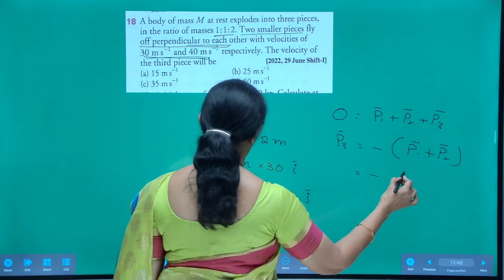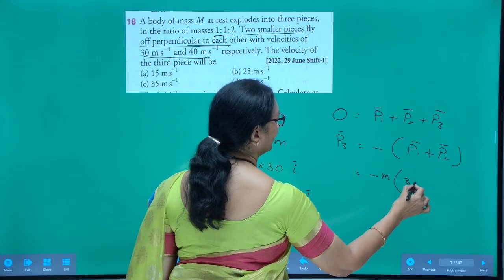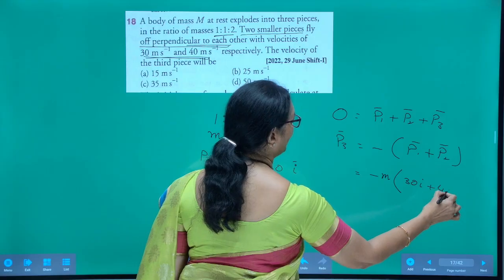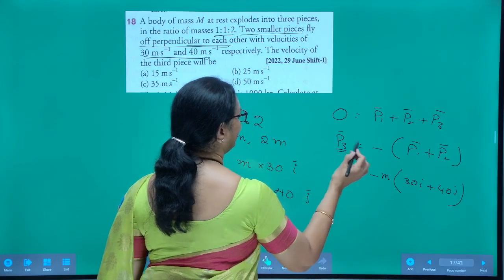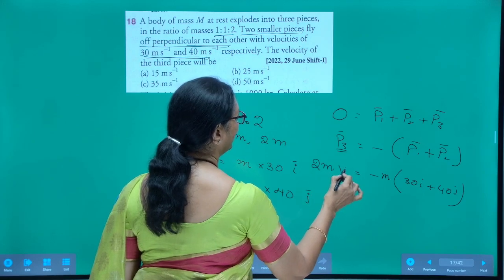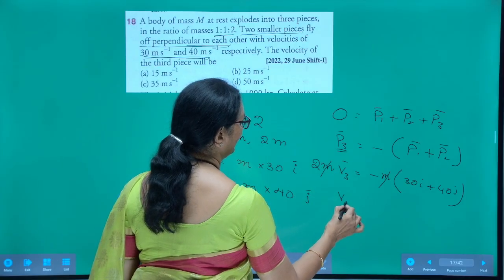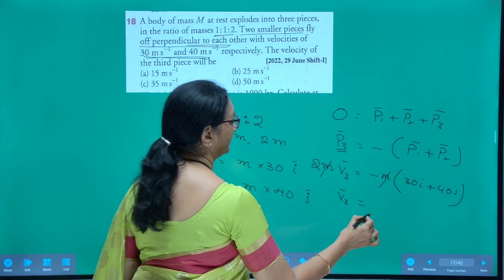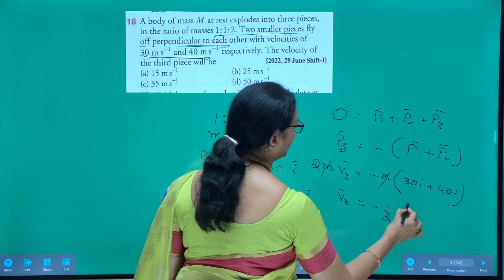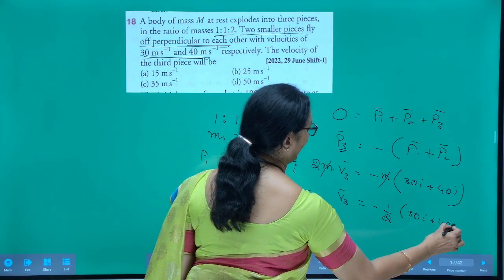So this is minus of, taking m as a common factor, 30i plus 40j. P3 is its mass 2m into V3 bar. So m and m get cancelled. V3 bar is equal to minus 1 by 2 into 30i plus 40j.